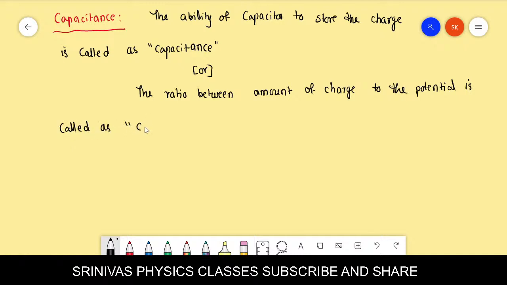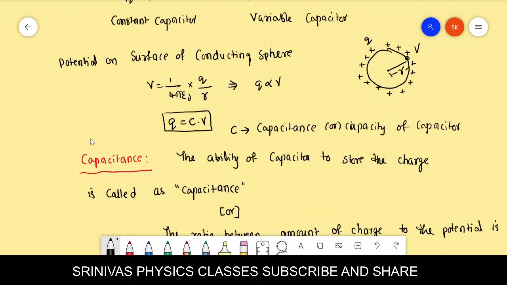Previously I told the formula for the capacitance, right? What is the capacitance formula? Just now you see Q is equal to CV.